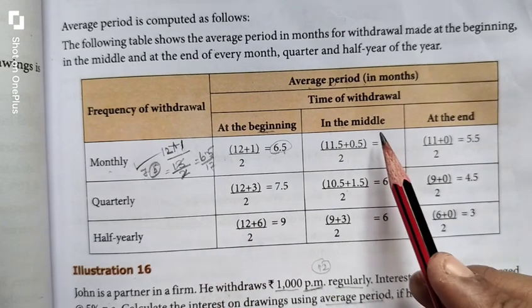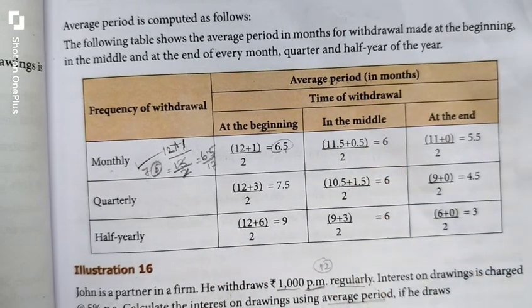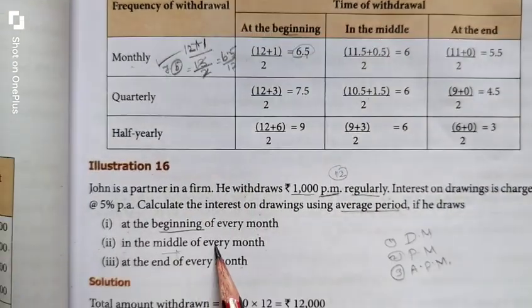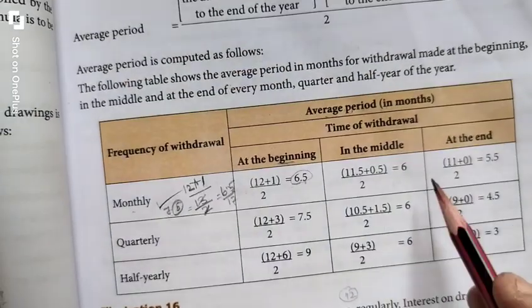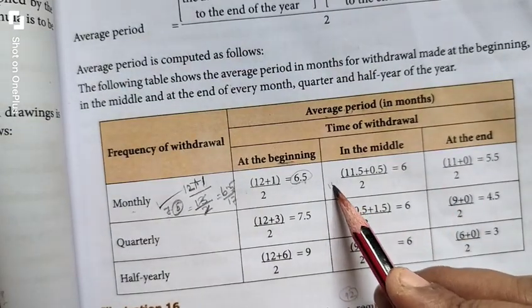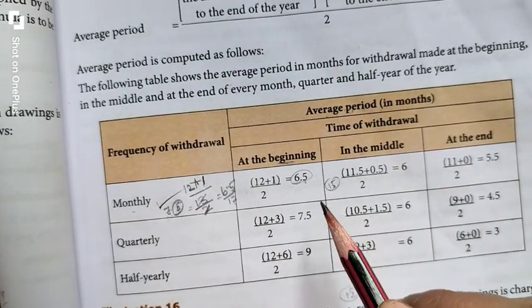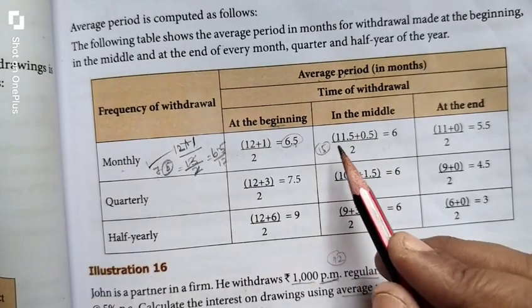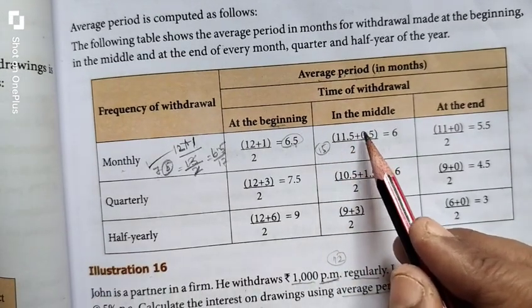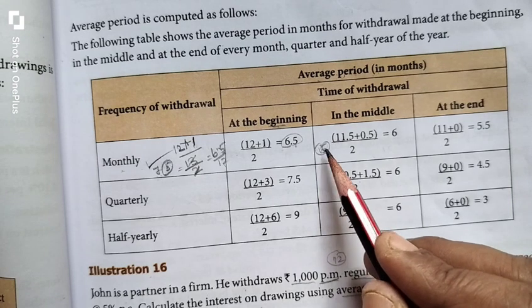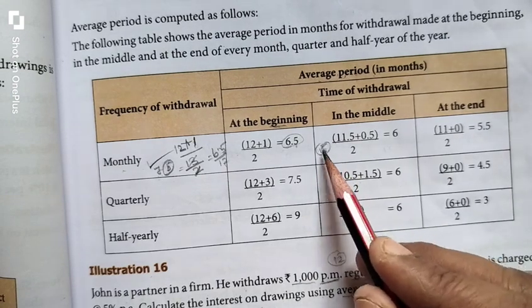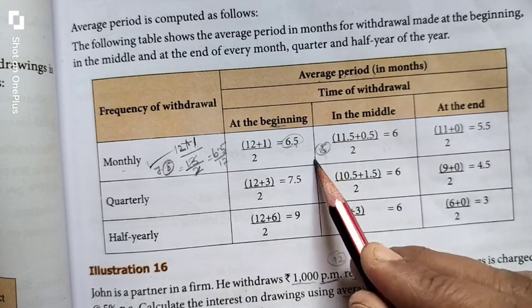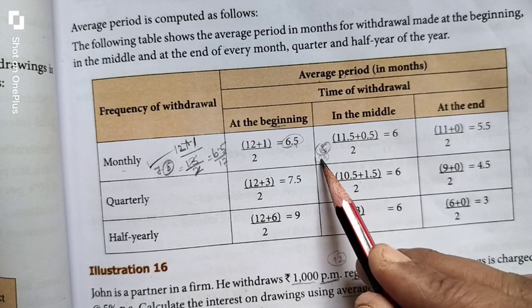Listen, if he takes the drawing in the middle of every month, you have to consider the 15th of every month. Middle of the month means you have to consider between 13 to 20, like that.